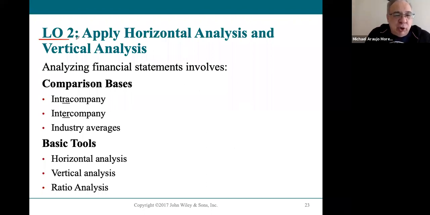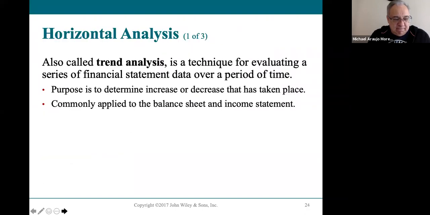Learning objective 2 introduces you to something called horizontal analysis and vertical analysis. Now, you do not have to be horizontal or vertical to do these, but it's just looking at financial statements in a little bit of a different way. Okay, there are lots of ways in which we compare things, and these are some of the tools that you're learning about here.